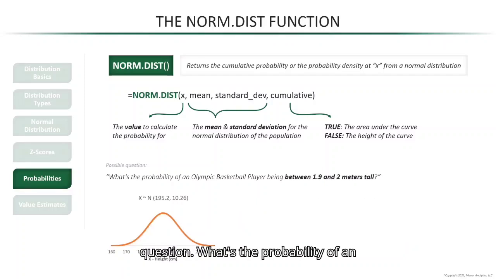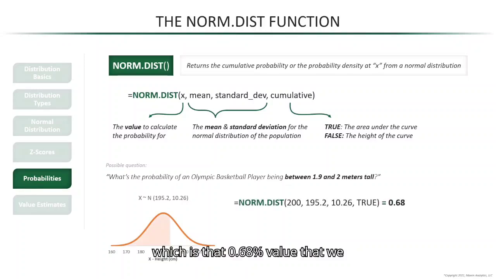All right, next question. What's the probability of an Olympic basketball player being between 1.9 and 2 meters tall? Well, to calculate that, we first need to calculate the probability of him being less than or equal to 200 centimeters tall, which is that 0.68 value that we just got.